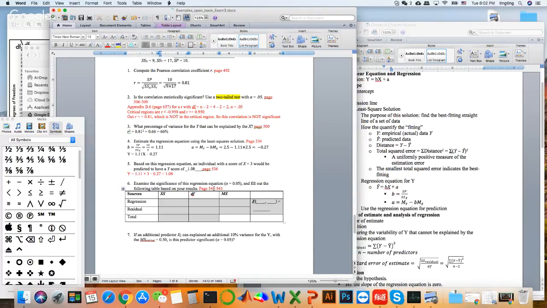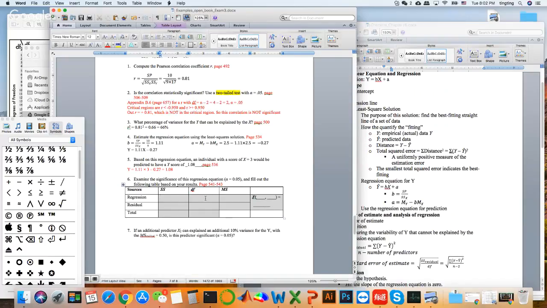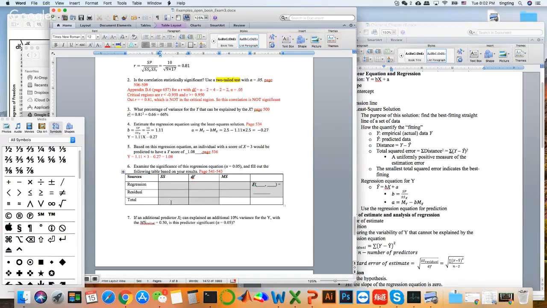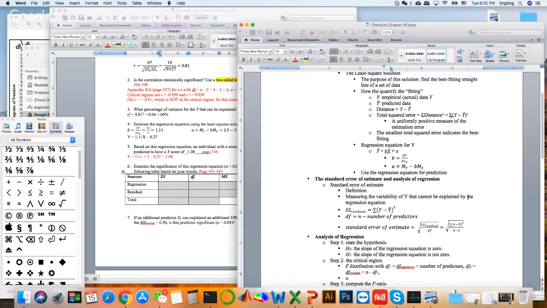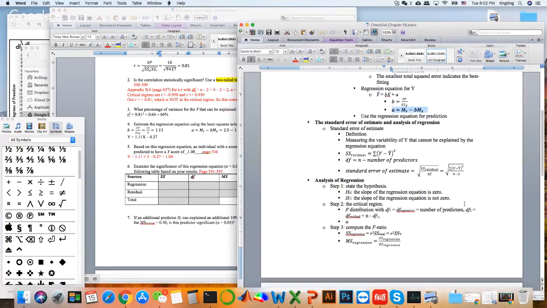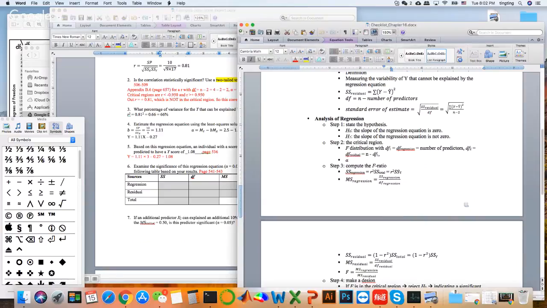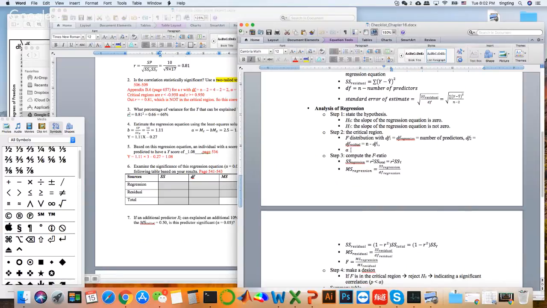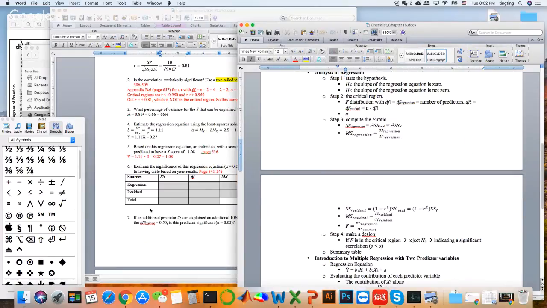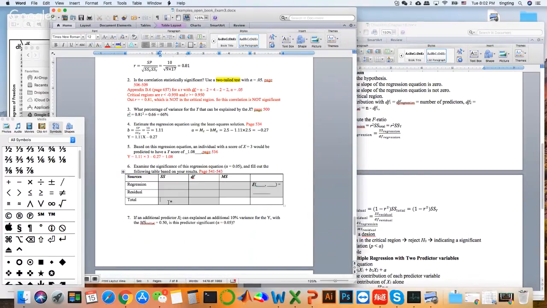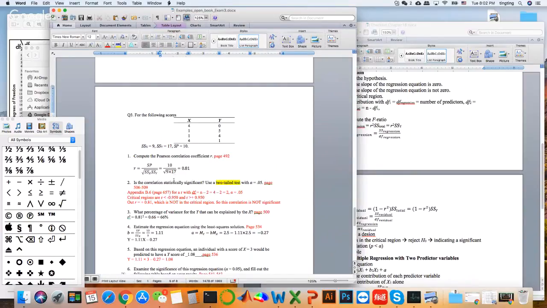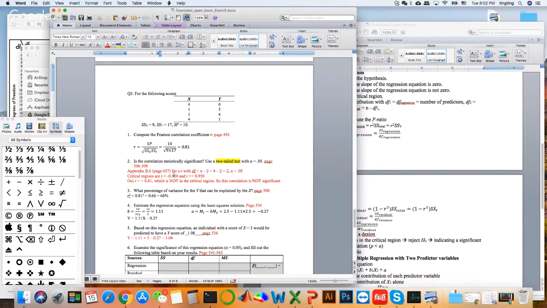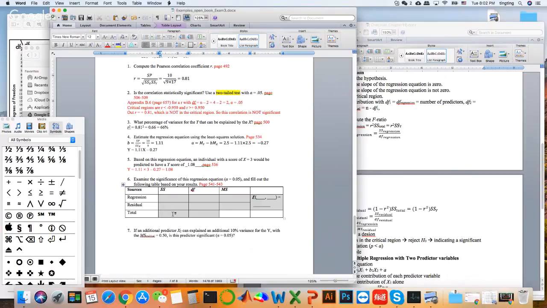Right. So here is the hypothesis testing using the regression. Let's start here. Analysis of regression, right? The SS total equals the SSY, just the total variance of Y. So we put the SSY here.